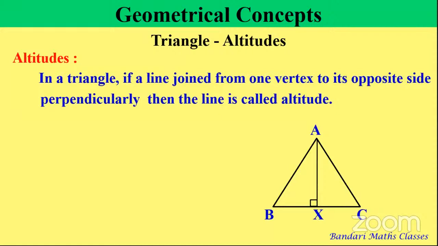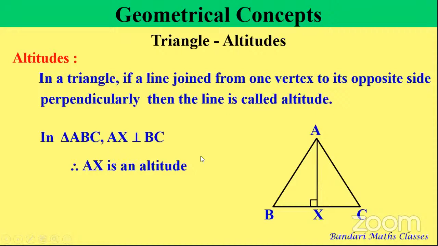Similarly, we have another 2 from vertex B and vertex C. Every triangle has 3 altitudes, which are called perpendiculars. AX is perpendicular to BC. This is the symbol for perpendicular, which we read as perpendicular.